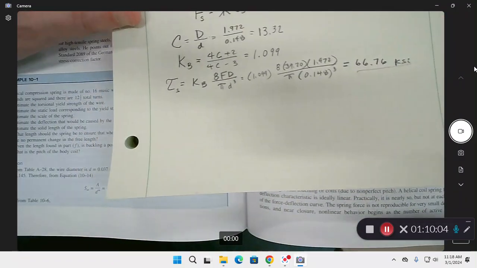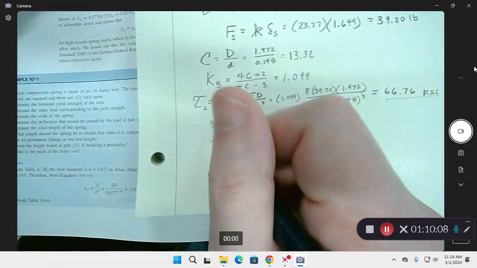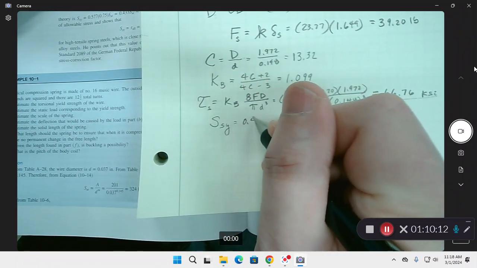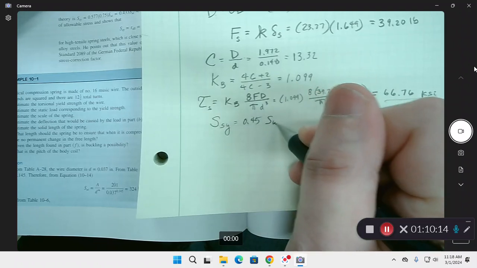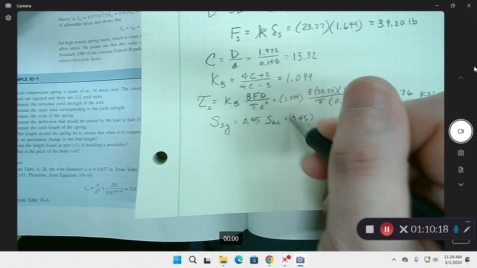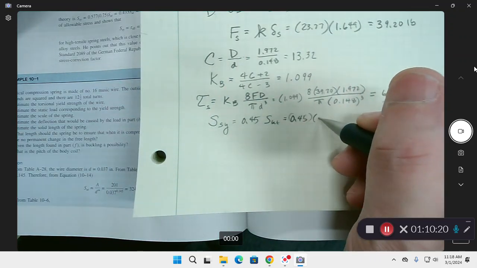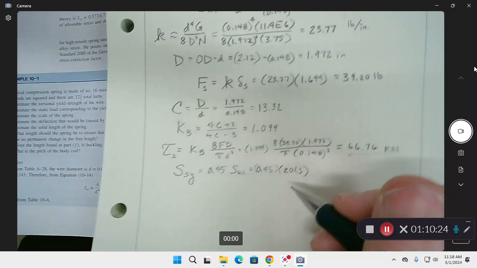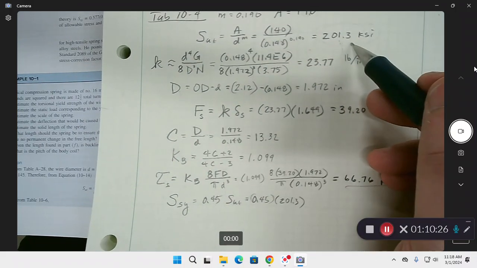It's a decision. Shear yield is 0.45 SUT, which is 0.45 times 201.3, which we had from up there.